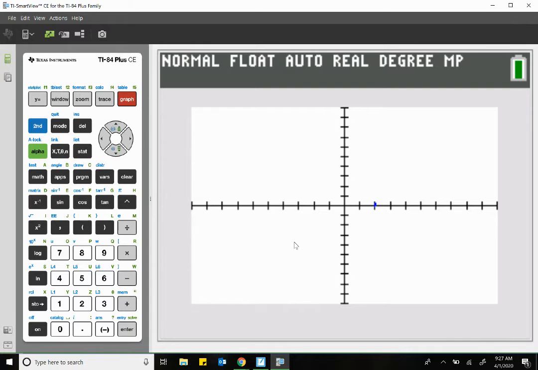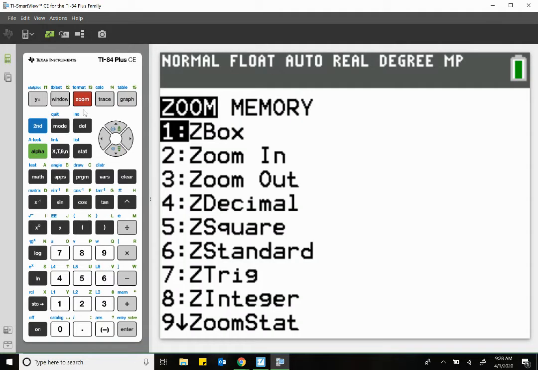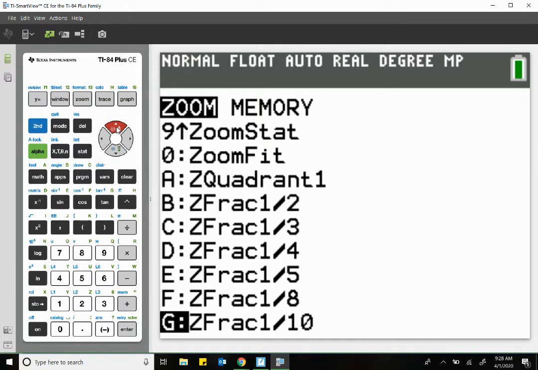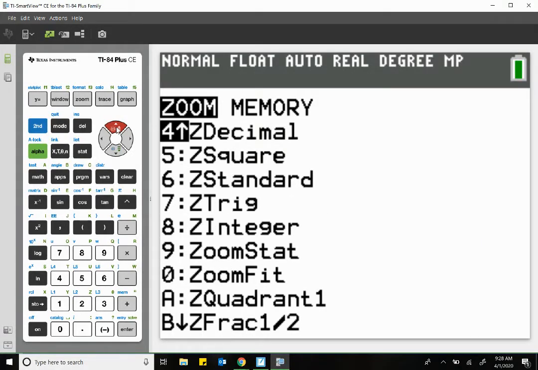My graph didn't come up. What happened? Well, that's where we got to go into zoom and change what we're in. We are in polar coordinates this time. I believe it was in zoom. Yeah, it is in zoom.